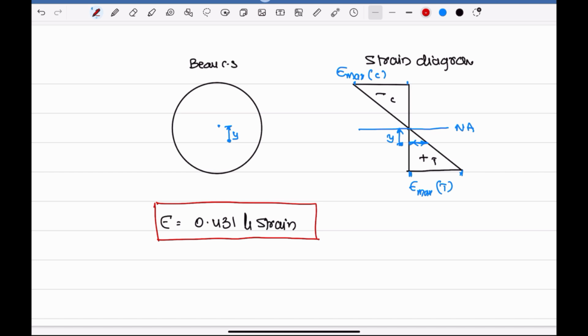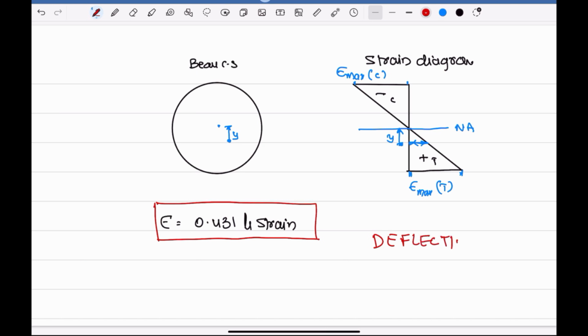We know till now about bending moment, shear stress, bending stresses, and then strains, strain diagram, stress distribution, strain distribution. Now let us know about the deflections in the next class.